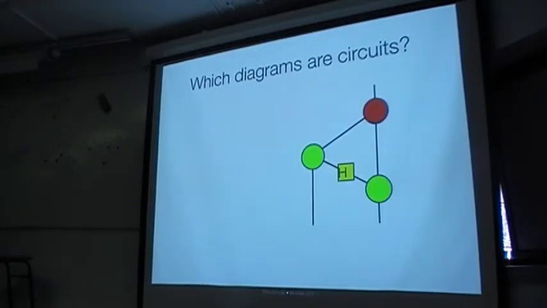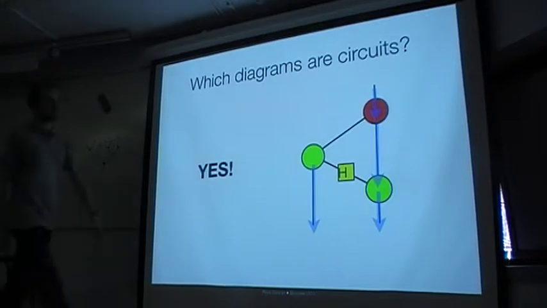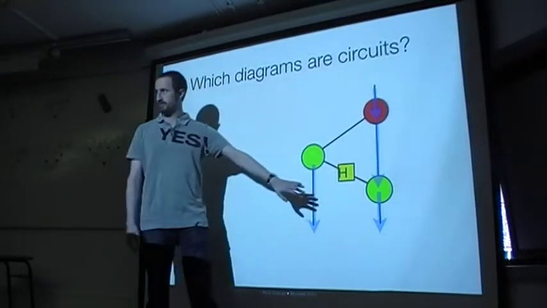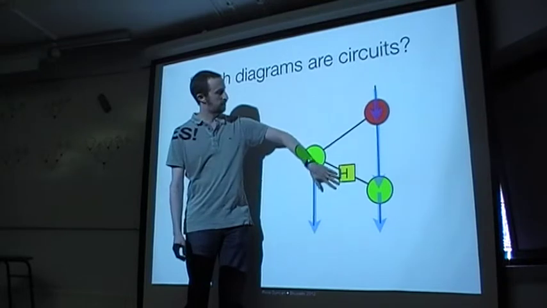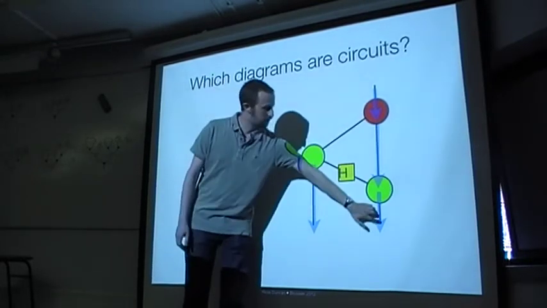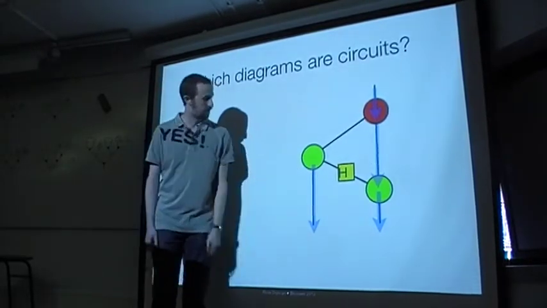Okay, so for example, how about this one? Is it a circuit? Yes. Okay, so this is the path covering. This one doesn't have to be covered. This is H, and these vertices are covered by this, and this vertex covered here.